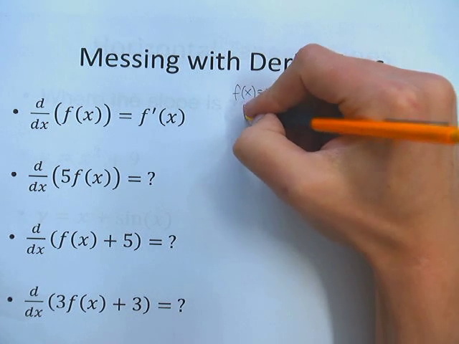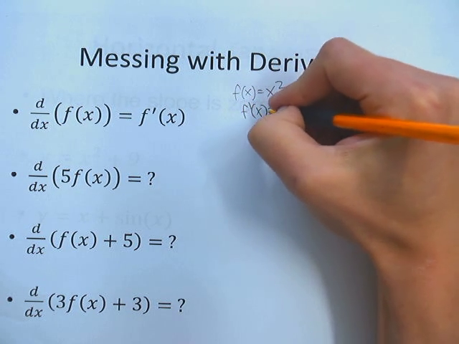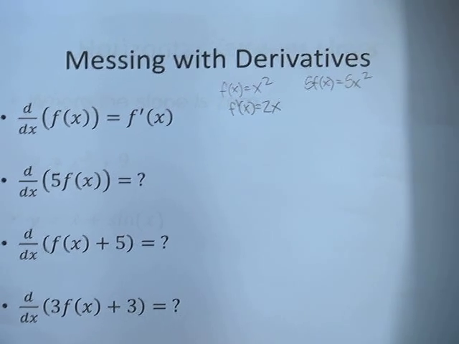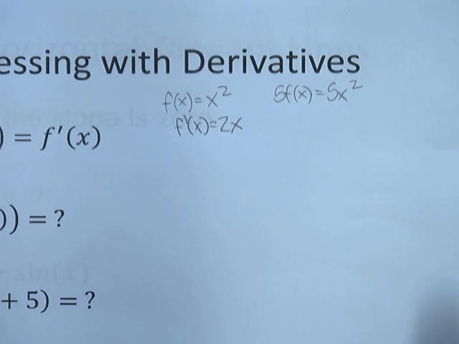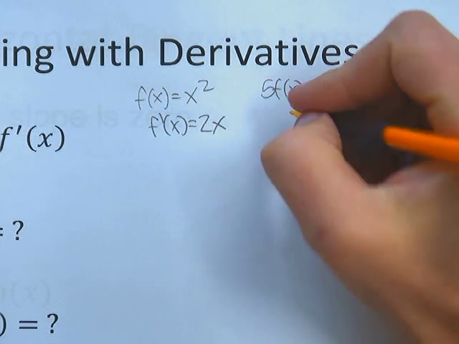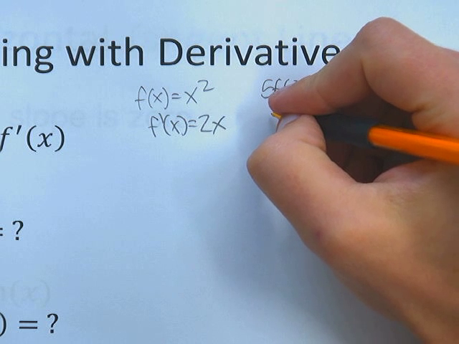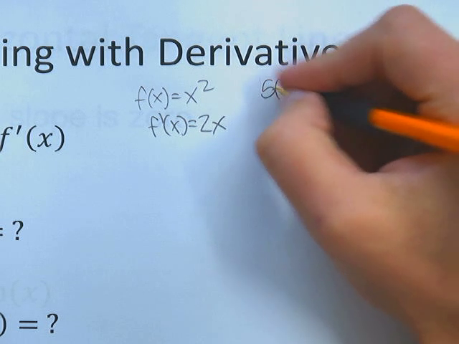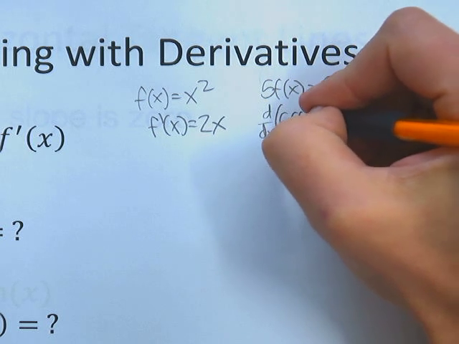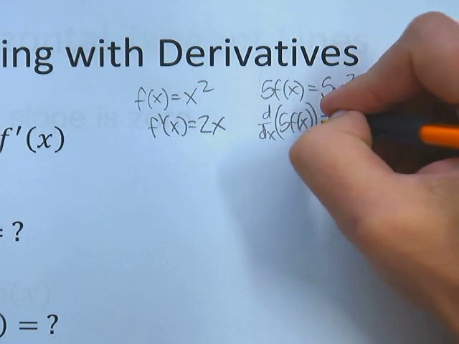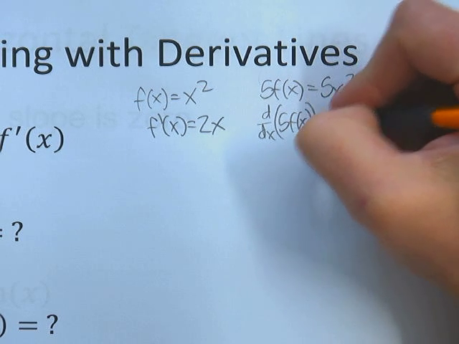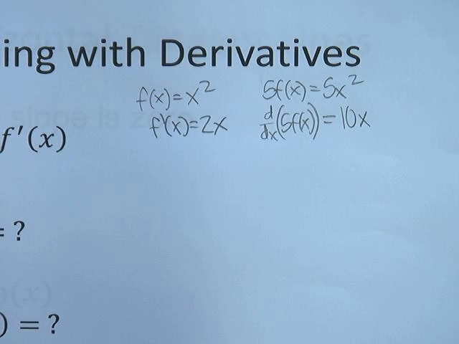So the derivative of x squared is 2x. I should probably zoom in. And the derivative of 5x squared is equal to, pull down the 2, and we get 10x to the 1 power.